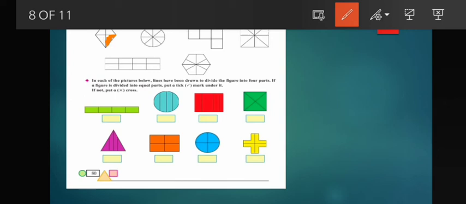Okay, this is the quarter part. Now let us count how many parts this circle has. 1, 2, 3, 4, 5, 6, 7.